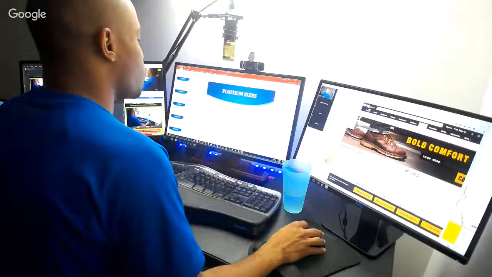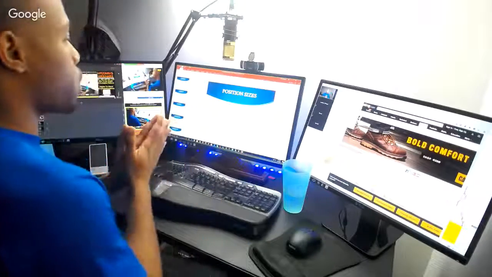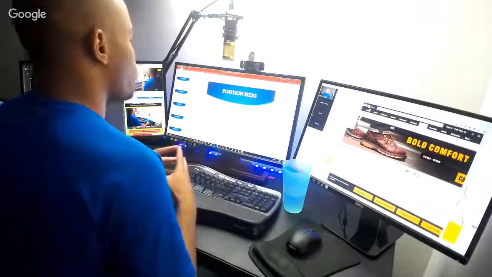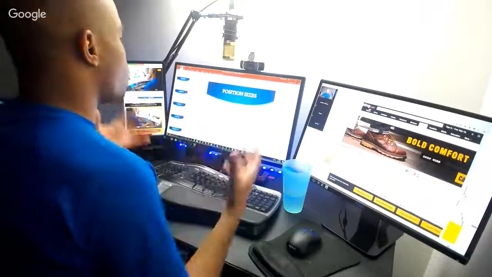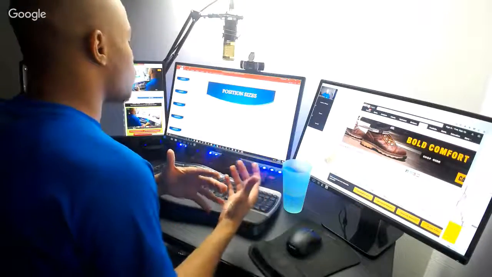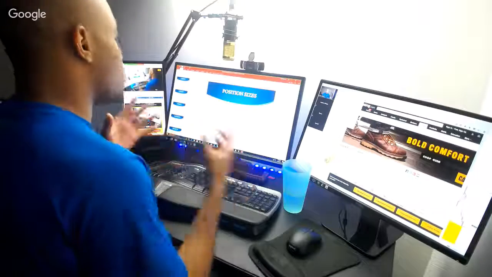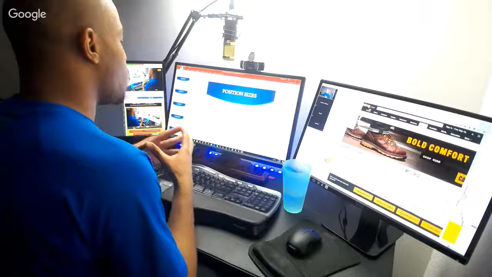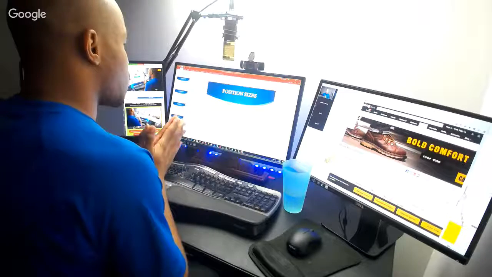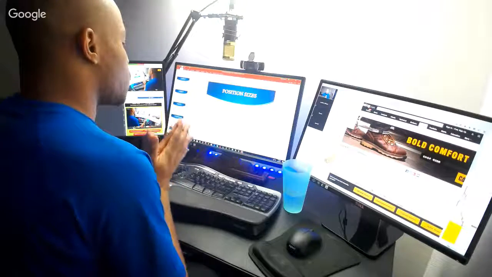All right, so when you're trading the foreign exchange market, when you get into the market, you're basically taking position sizes. So like stocks, you would buy 5 stocks, 10 stocks, 100 stocks. In the Forex market, we call it position sizes, and they're known as micro, mini, and standard position sizes. Micro, mini, and standard.